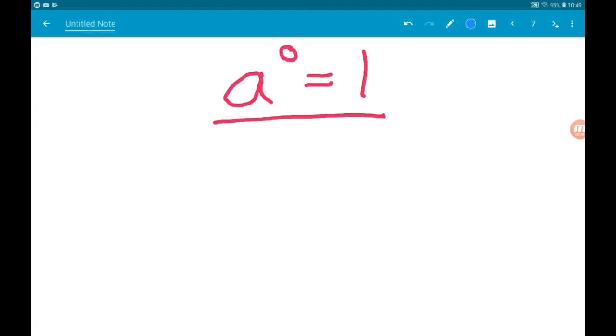There's another way of thinking about it. So, hopefully we know that any number divided by itself is equal to 1. For example, 2 over 2 is equal to 1. Pi over pi is equal to 1.